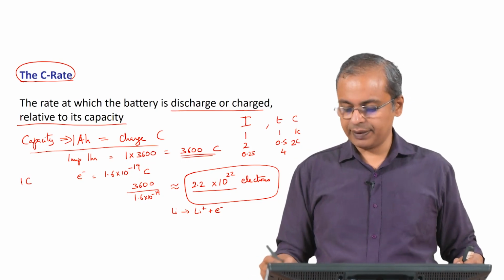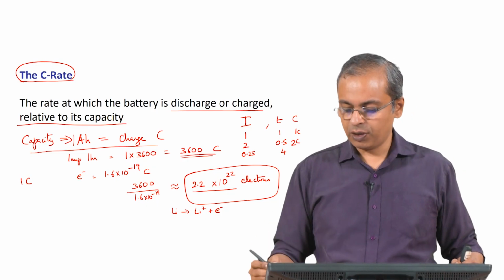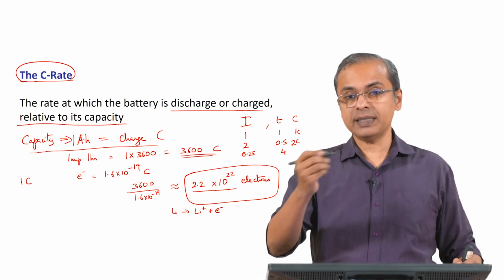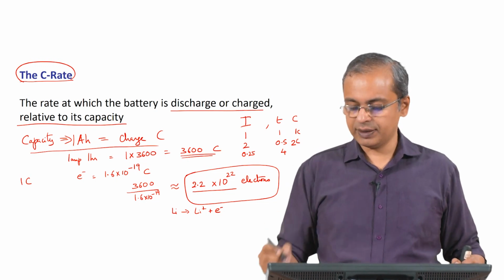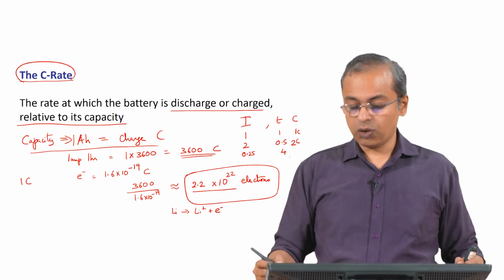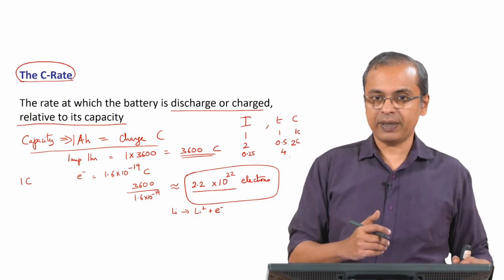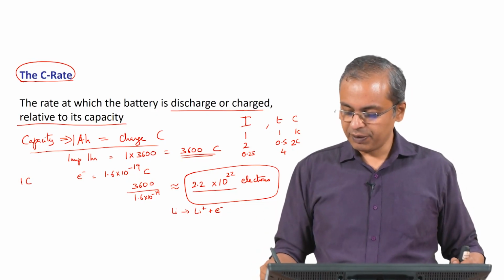It is an inverted relationship. If I draw 2 amps of current for 0.5 hours, it is twice the capacity of the battery, so it will last only half an hour, so that is a 2 C rate. And if I draw 0.25 amps, you are drawing much less than the capacity, so it will last longer, you get 4 hours out of it, so we call it 1 by 4 C rate.